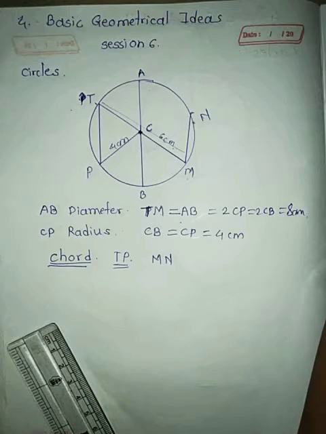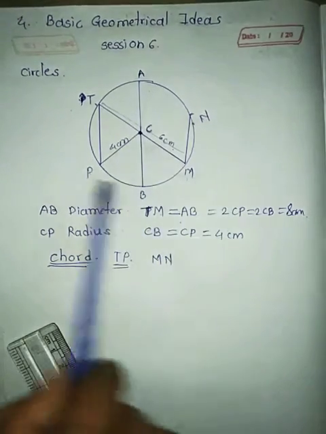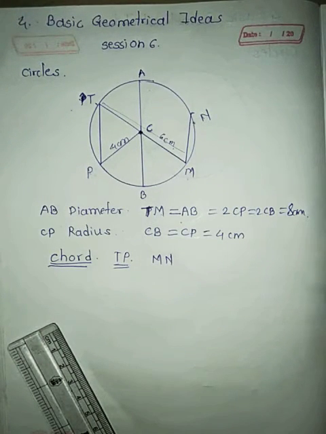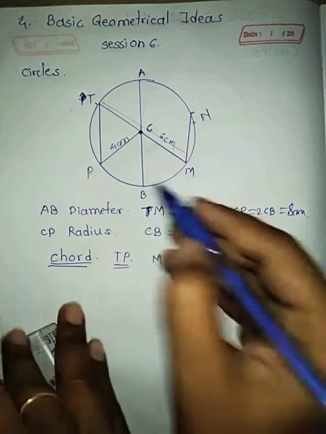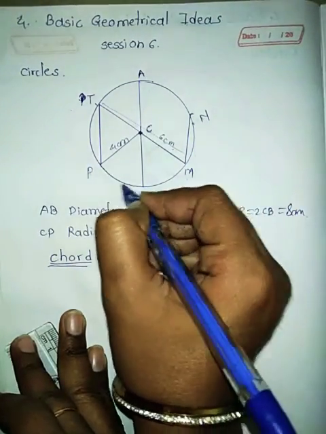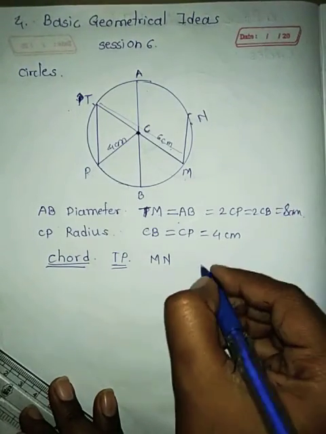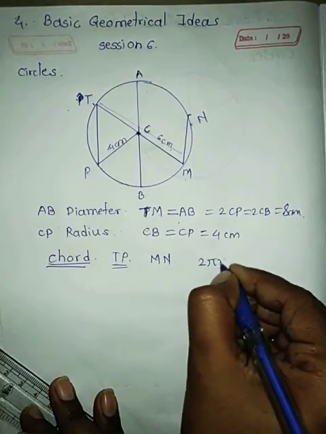Then the next thing is the interior part of the circle and the exterior part of the circle. Like the quadrilateral, the interior part and exterior part of the circle are available. Then this total is called the circumference of a circle, and the circumference of a circle is 2 pi r.